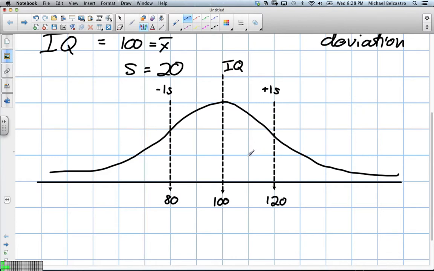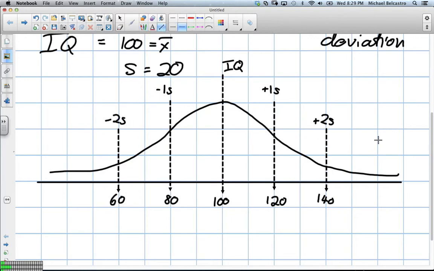Along with that, let's talk about two. If we jumped another 20 up on IQ, those are people at 140, plus 2 standard deviations away. And if we went 2 to the left, we're down to 60, which is considered a very low IQ. So negative 2.